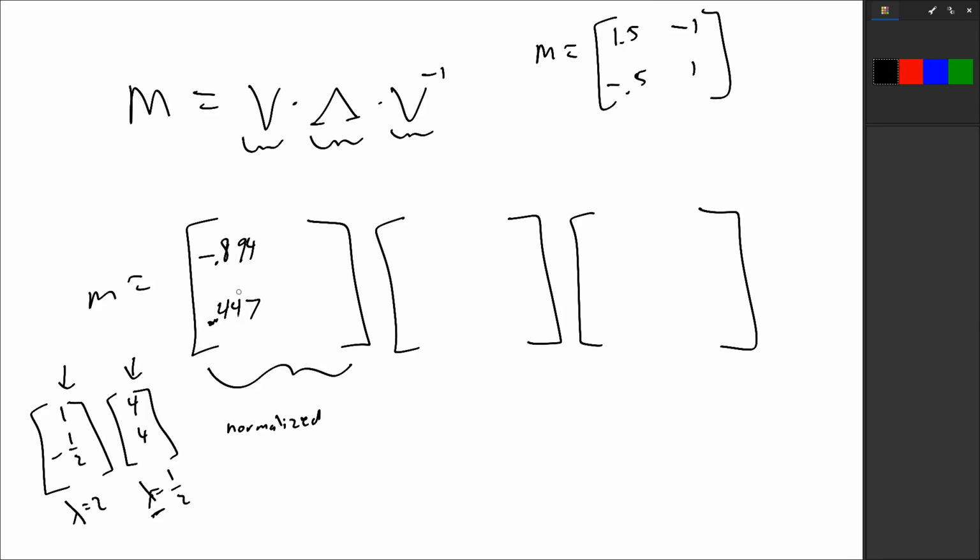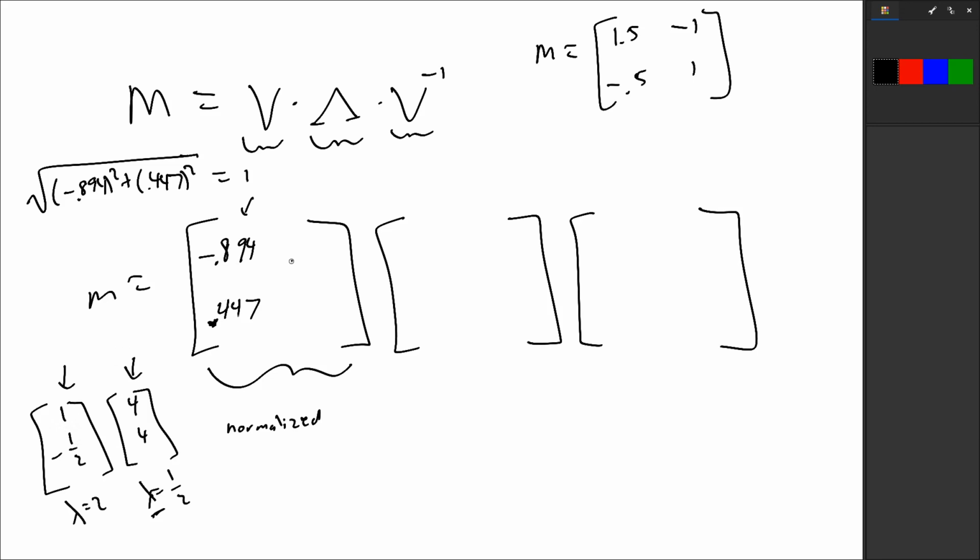This right here, if you figure out the Euclidean norm, right, if you take the square root of 0.894 squared plus 0.447 squared, it's going to be equal to 1. Great, so this vector here has length 1. And if you figure out what direction it's pointing in, you'll realize it's pointing in exactly the 1, -1/2 direction.